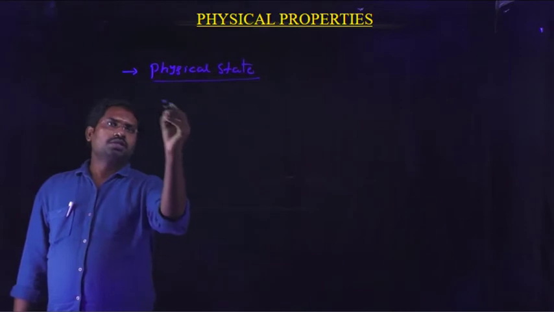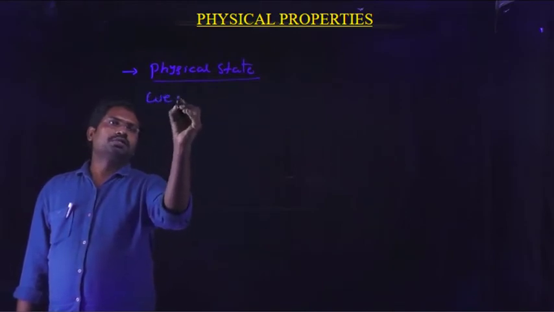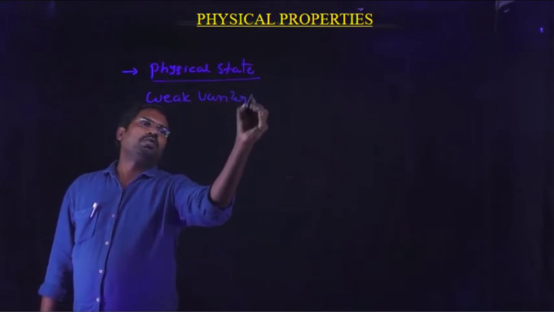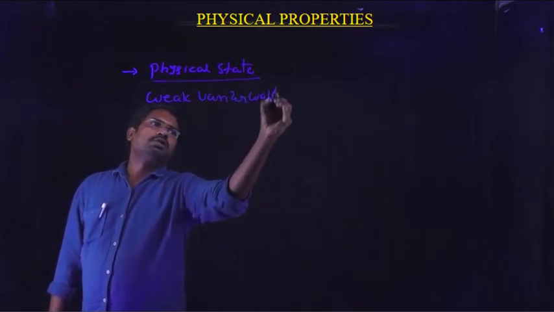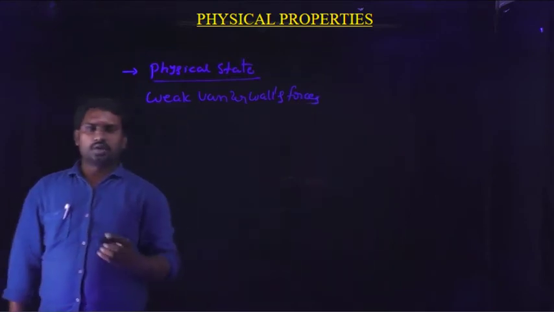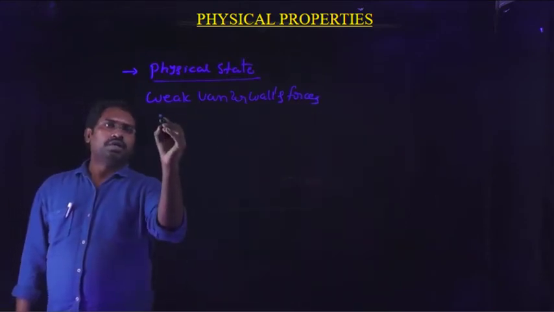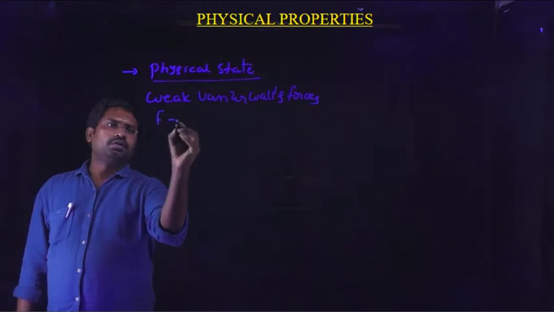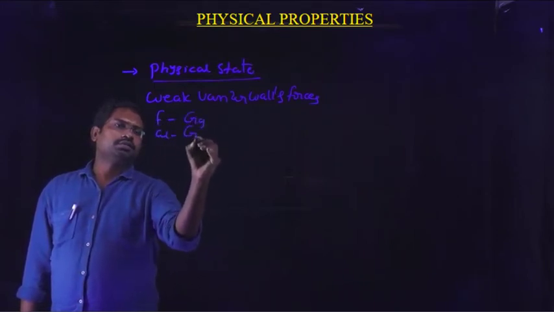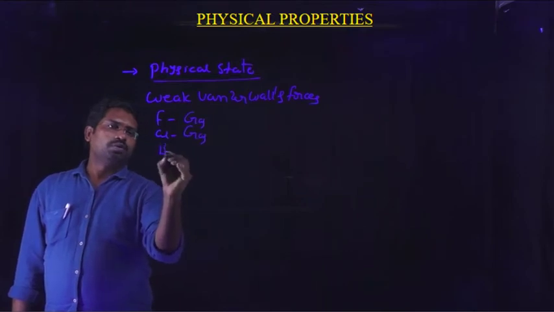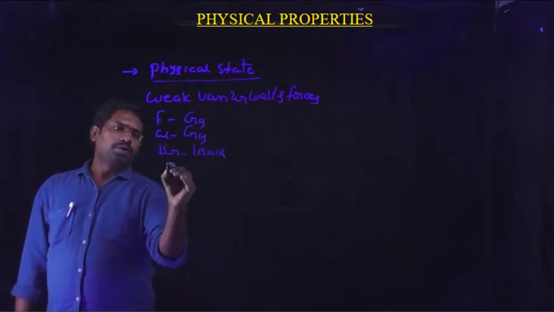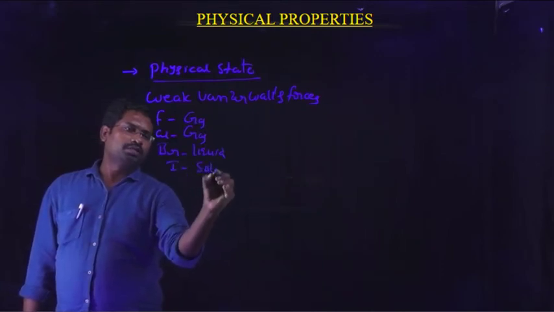Due to the presence of weak van der Waals forces, fluorine and chlorine are present in the gaseous state, bromine is present in the liquid state, and iodine is present in the solid state.